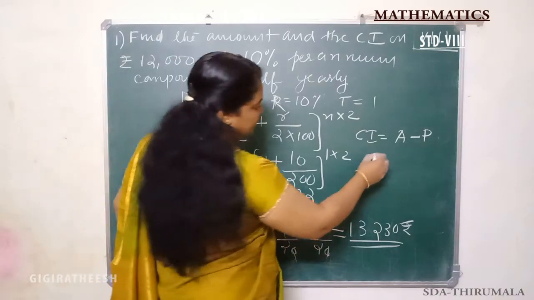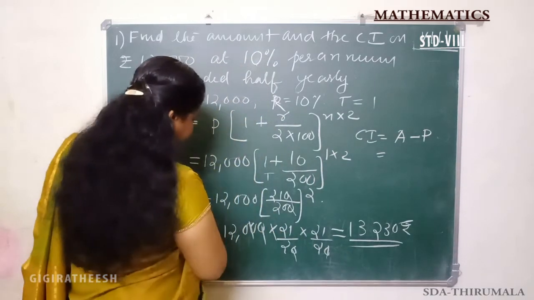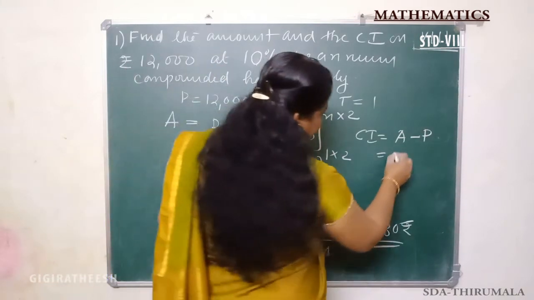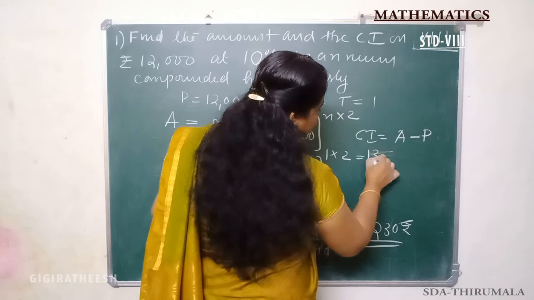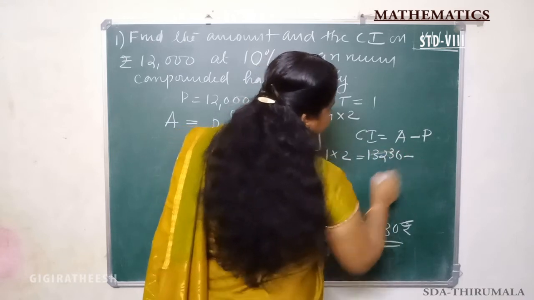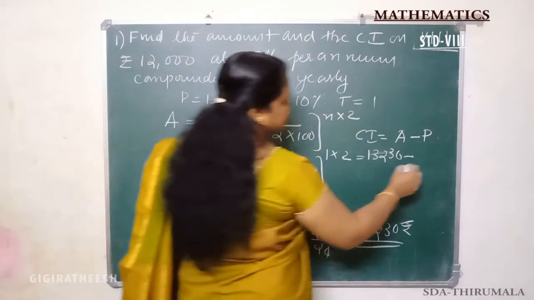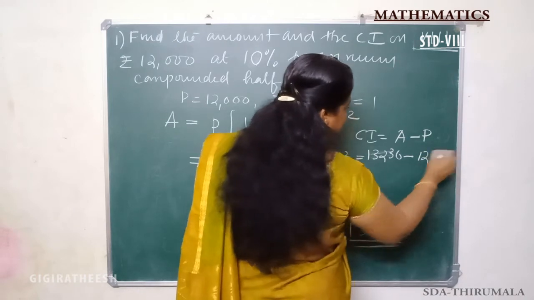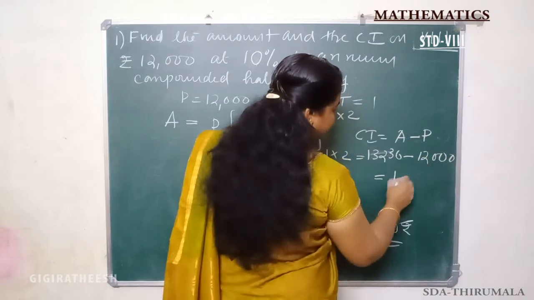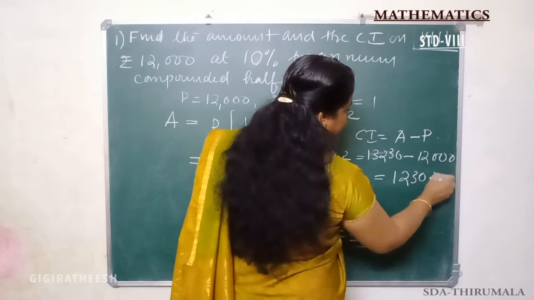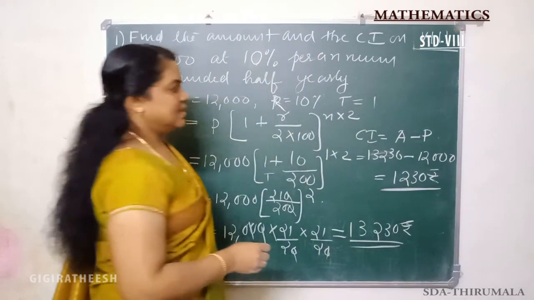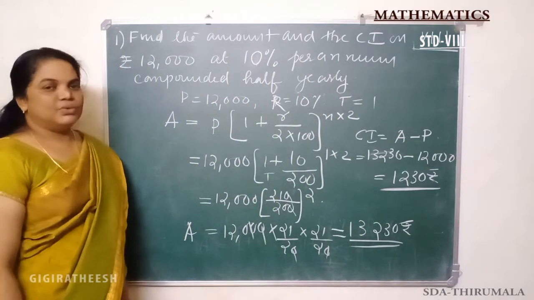The amount here is 13,230, minus P, which is 12,000. We get the answer 1,230 rupees. That is the compound interest.